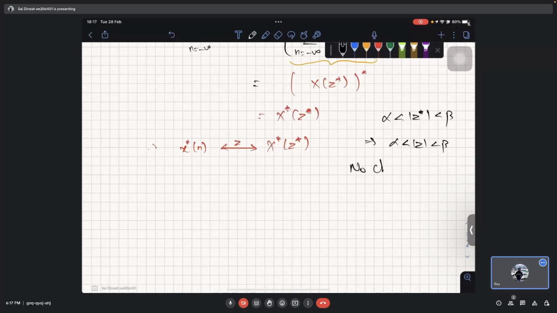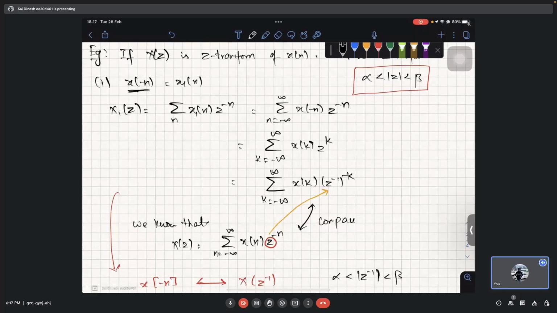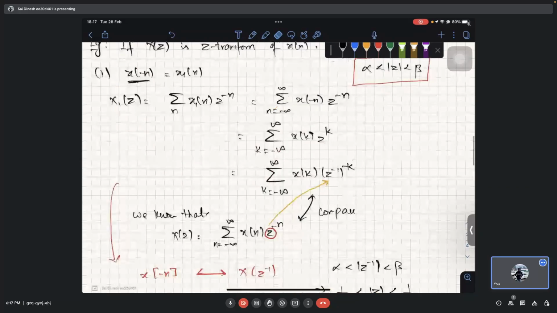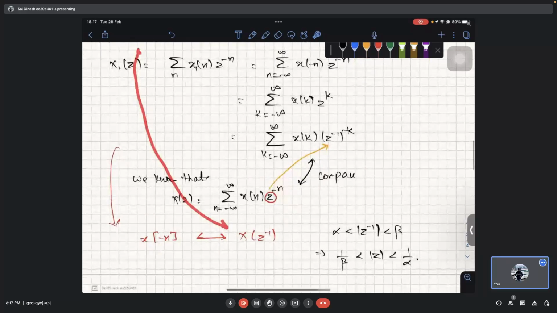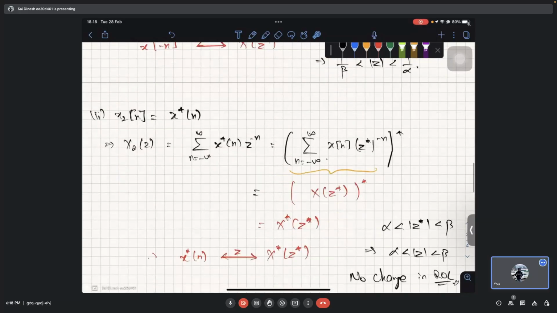Therefore there is no change in ROC. This is another property. So for a time reversed version x(-n), we have X(z^(-1)). And then for the conjugate version x*(n), we have x*(n) as a transform pair with X*(z*).